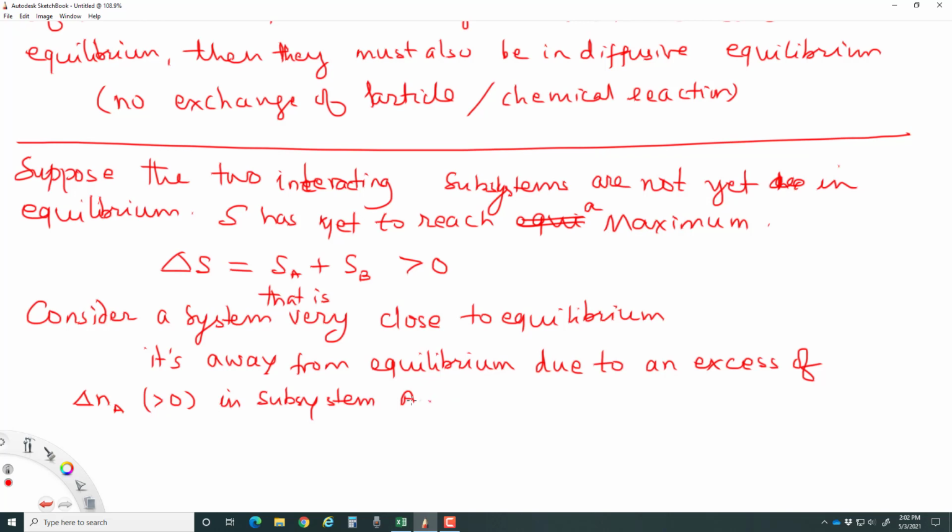And this is the excessive mass in A, whereas the same mass would be deficient in subsystem B. So negative delta NA is the mass deficit in subsystem B. So once this mass is transferred to subsystem B, then the combined system would be in equilibrium.